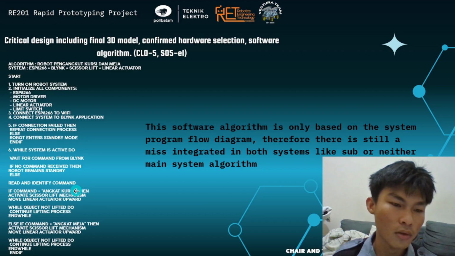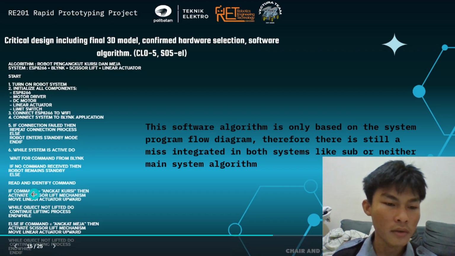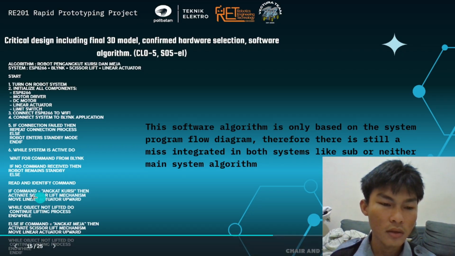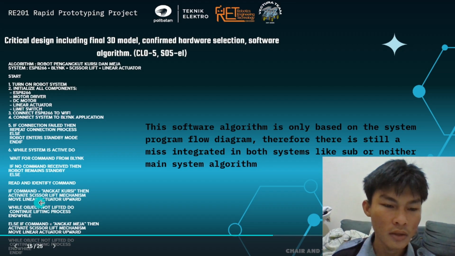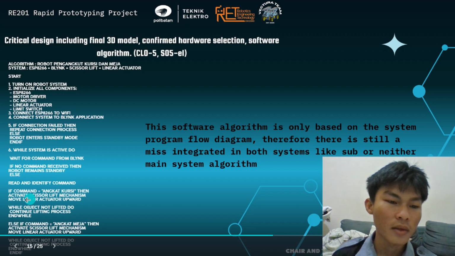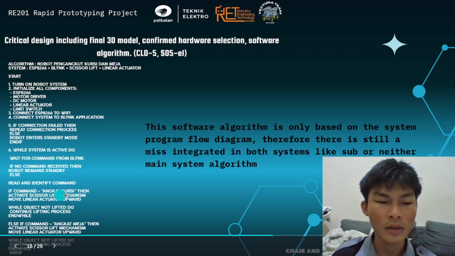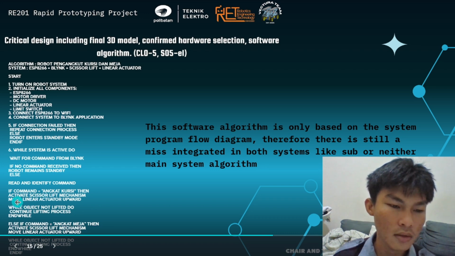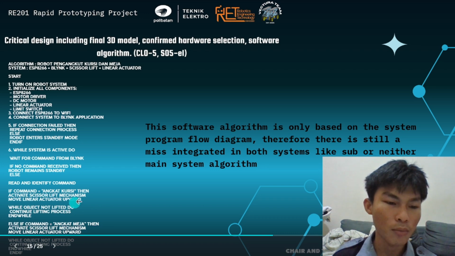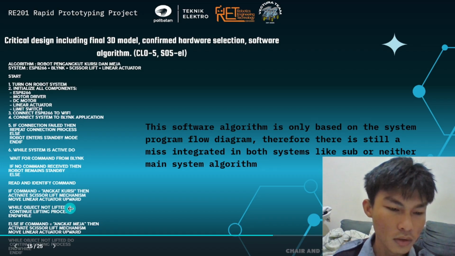The command is for the robot's lifter or for movement. If the command is to lift up, then activate the scissor lifter mechanism, moving the linear actuator upward, and while the object is not lifted, continue the lifting process.